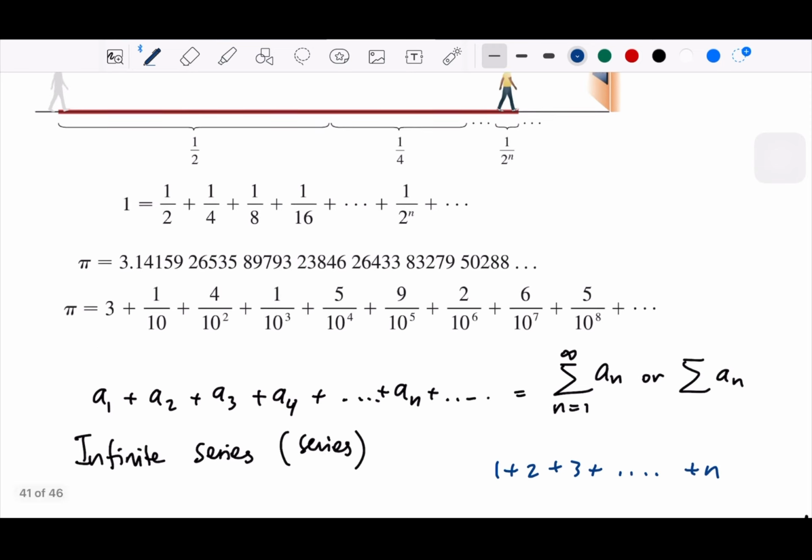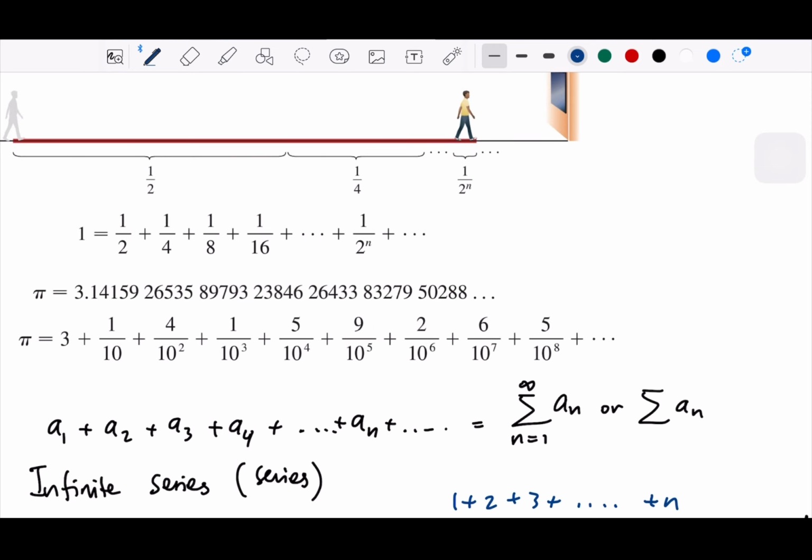So it seems reasonable for Zeno, if we write Zeno as a sum and add all, this will be equal to 1.